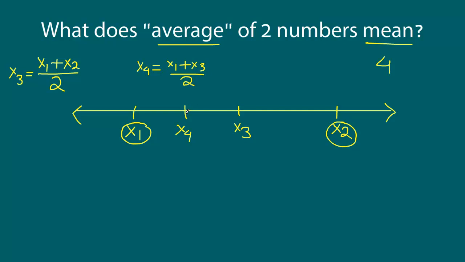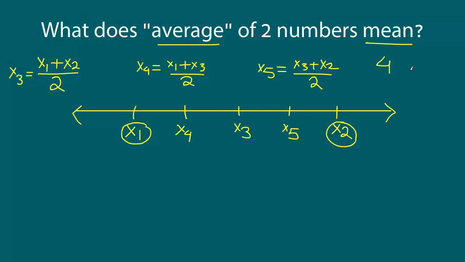Similarly, we can find the average of x3 and x2, which is the midpoint between these two. Let's call it x5. We can find x5 by using the formula again, the average of x3 and x2, so it will be x3 plus x2 divided by 2.